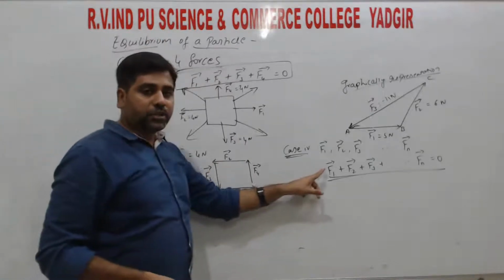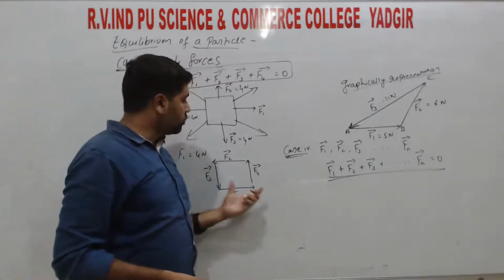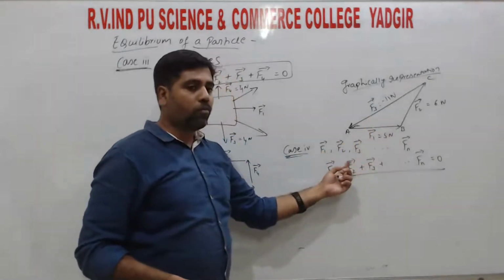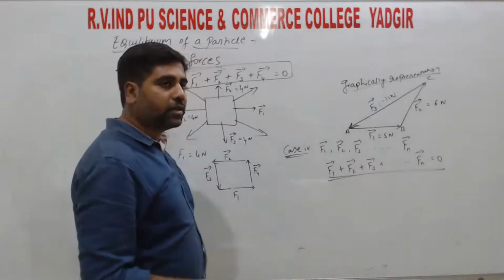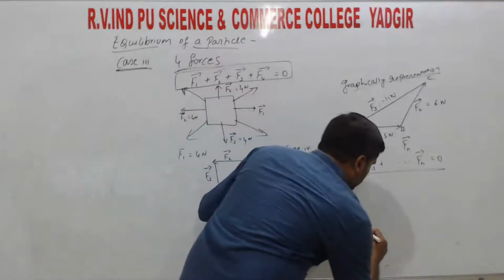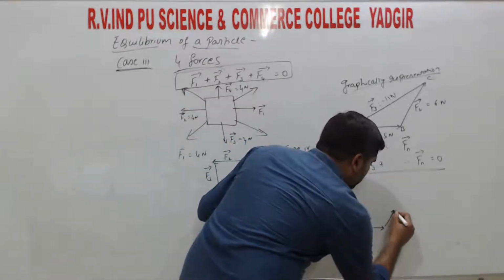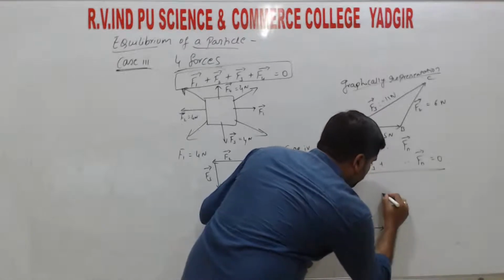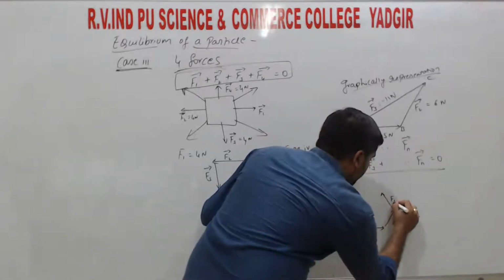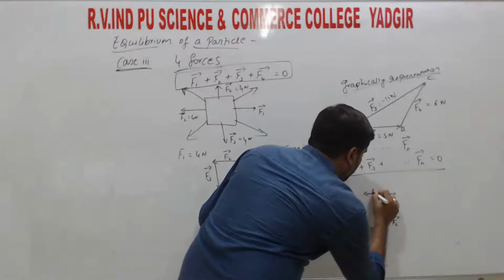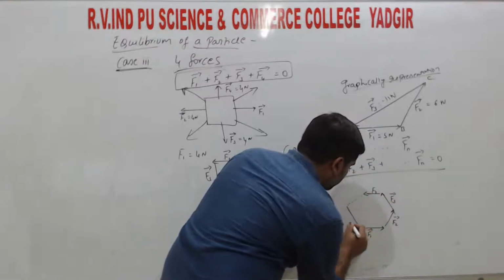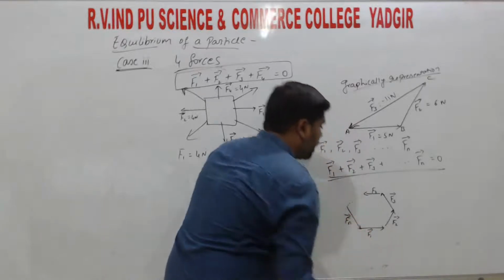So for the representation of all the forces, whether it is a square or rectangle, or a triangle, here if there are more than 4 sides, what do we call it? Polygon, right? So we represent it in a polygon way. F1, F2, F3, F4 and so on, Fn.